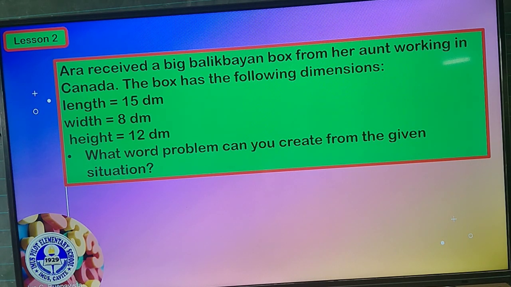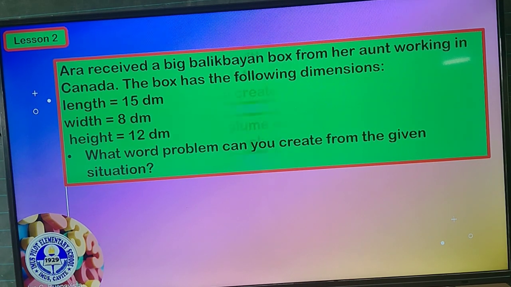Then you are going to add the tag question. What is the volume of the balikbayan box? Or what is the volume of the box? Or you can also say, find the volume of the balikbayan box. That is how to create a problem.